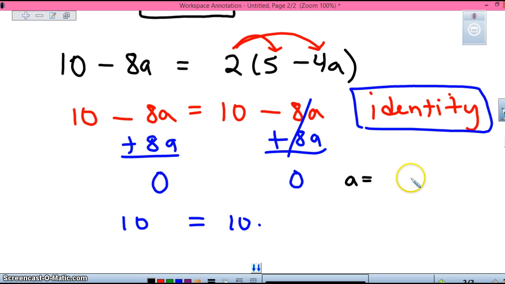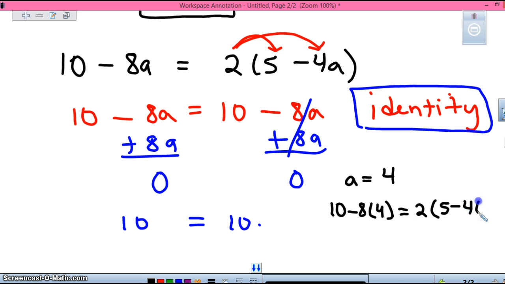4. Okay. If a equals 4, we could say 10 minus 8 times 4 should be equal to 2 times 5 minus 4 times 4. And let's check this. 10 minus 32 should be equal to 2 times 5 minus 16. 10 minus 32 is what?